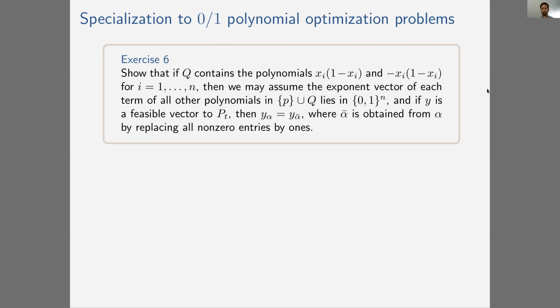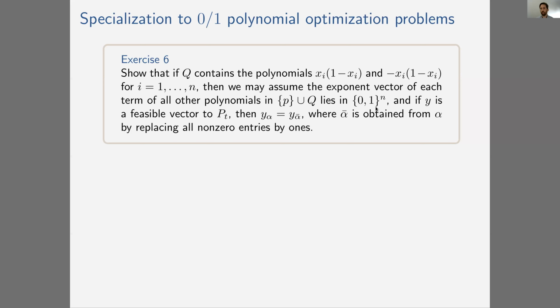So the goal of this exercise is to show that if you have these polynomials in your set Q, then you may just as well assume that all the other polynomials are, well, this is sometimes called square free, but that's an ambiguous term, so I will say it more explicitly here. It means that each exponent vector in each term of the remaining polynomials in this set lies in the set {0,1}^n.